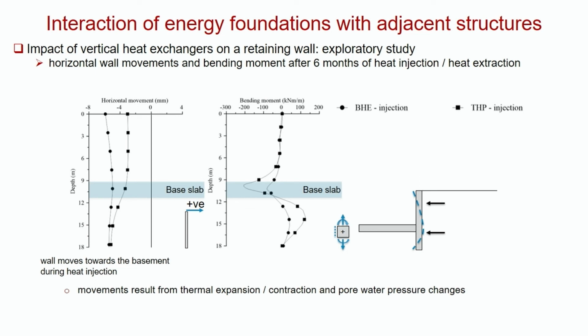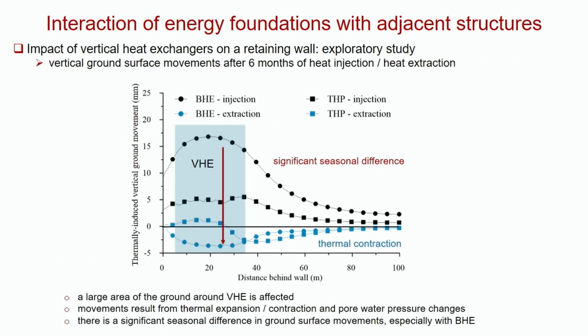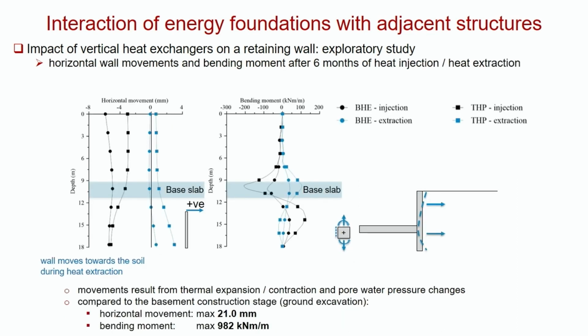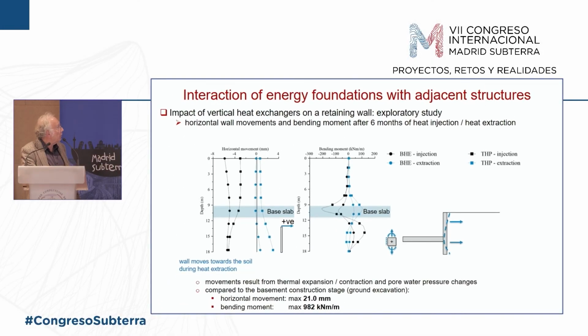These are changes just due to heating up the ground. And these are movements just due to heating up the ground. And when we cool it, it goes back the other way. And when you compare these movements and these bending moments with the ones that were in the wall, so the wall would be designed for these, they are significant.